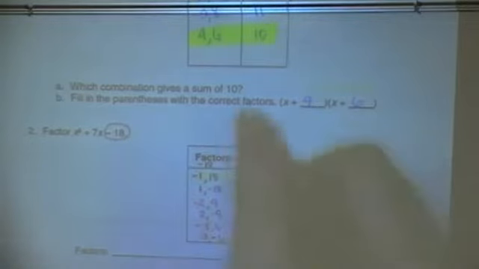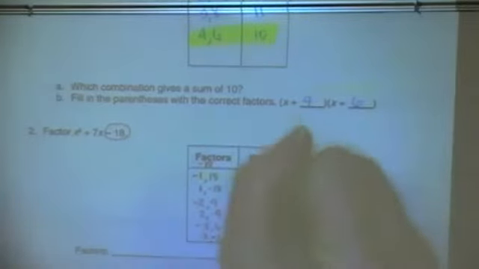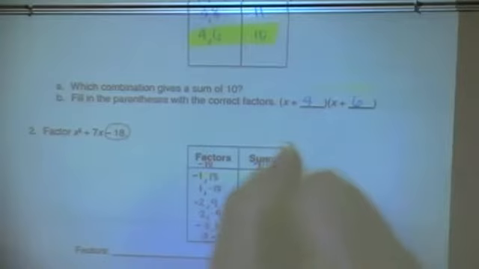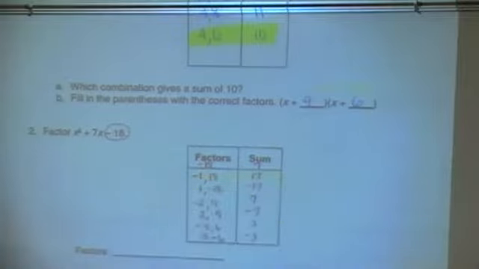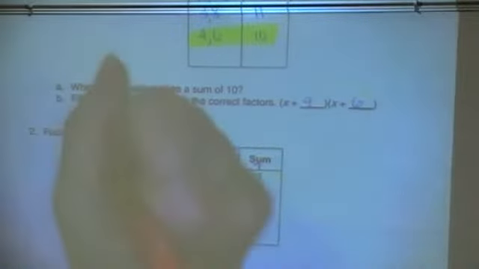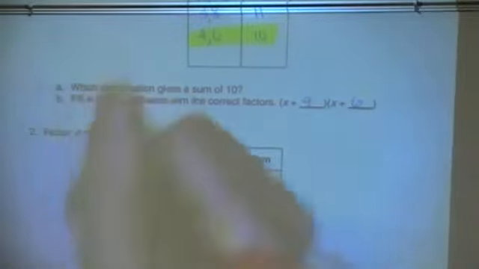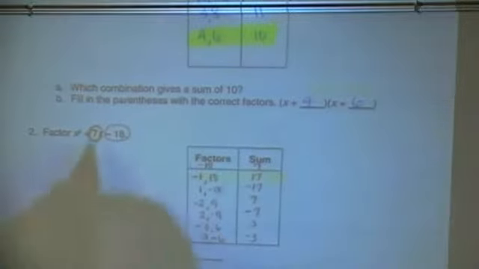And now I'm going to sum them. This would be positive 17, negative 17, positive 7, negative 7, 3, and negative 3. Well, remember, you are looking for the ones that give you the middle coefficient, positive 7.